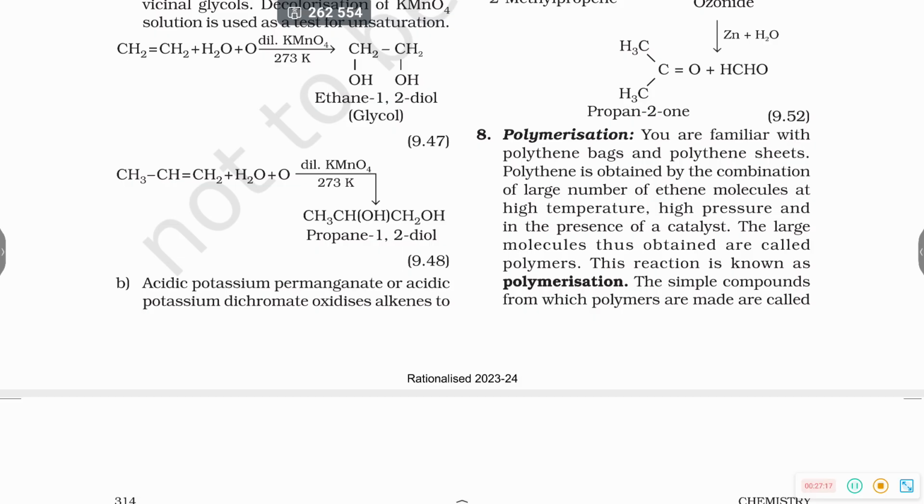So this reaction is polymerization. The large molecules obtained are called polymers. Monomer means a single compound. So for polythene, what is the monomer? Ethene is the monomer. Polythene is poly plus ethene.